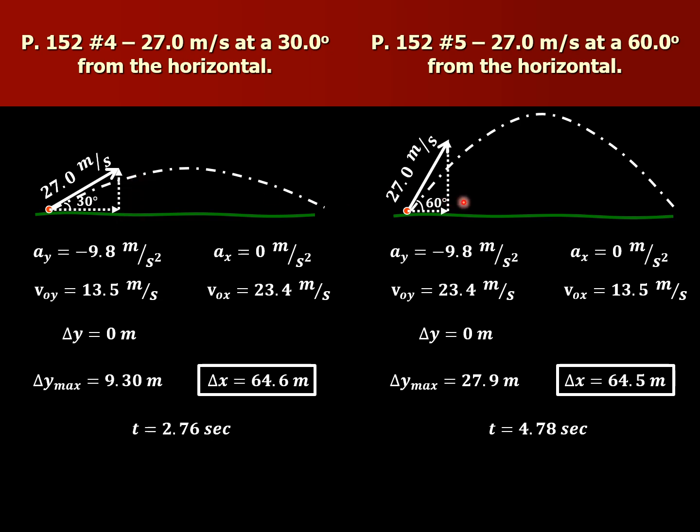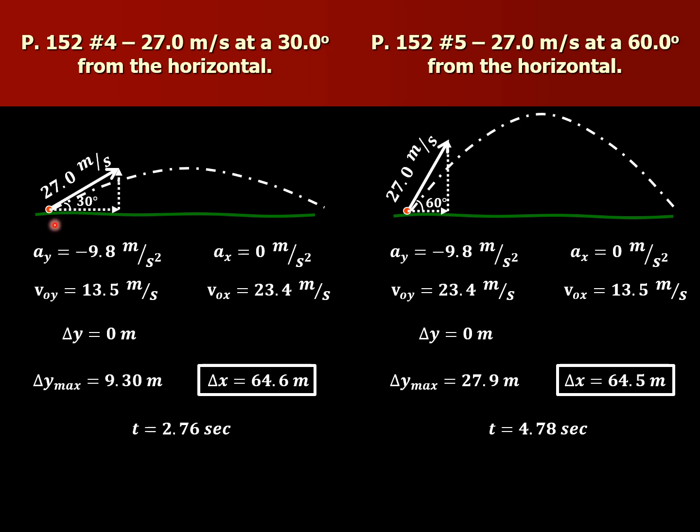For the 60-degree angle, we have a large hang time, but we don't have a very large horizontal velocity. So with the horizontal velocity being large here and the hang time being small, and a small horizontal velocity and a large hang time over here, they basically compensate each other and you get the same range for these two. And that's only with two angles that are complements of each other.